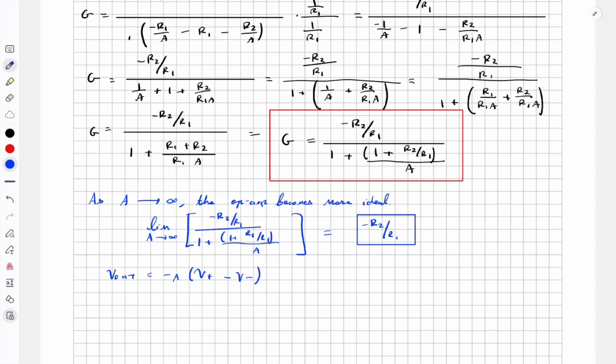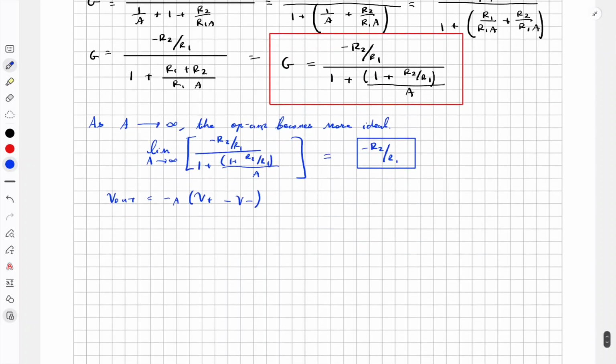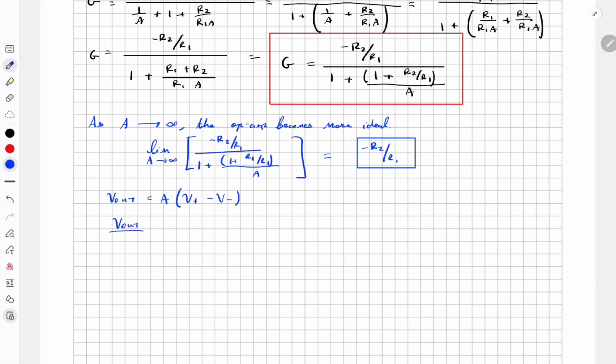Actually, to make things simple, let's say A already contains the negative value, so it's just V plus minus V minus. This is V out. So now we can say V out divided by A is equal to V plus minus V minus.